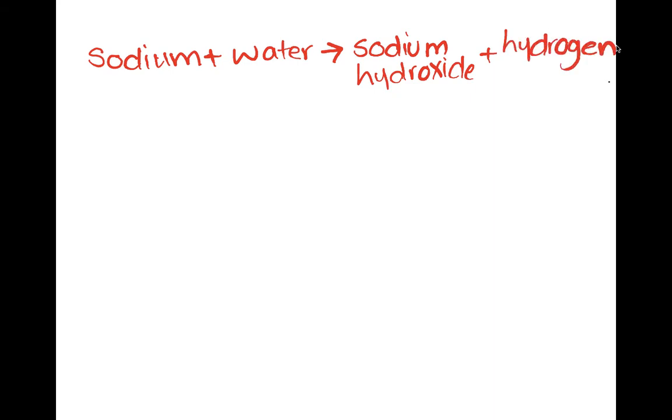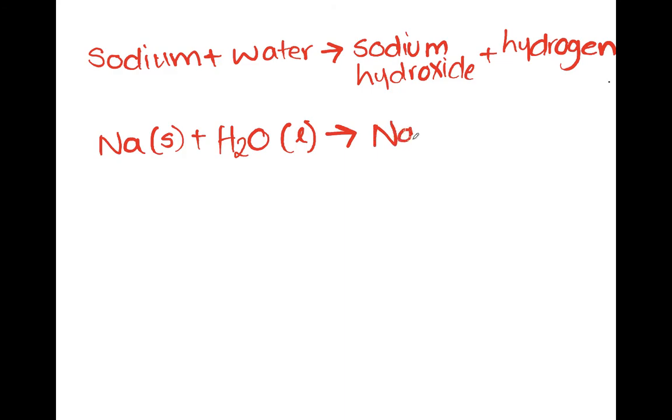Please excuse my handwriting. So, sodium is Na, it's a solid. Water, H2O, it's a liquid. Sodium hydroxide, from a couple of slides ago, we already know is NaOH. That will be in solution. And then we have hydrogen gas.